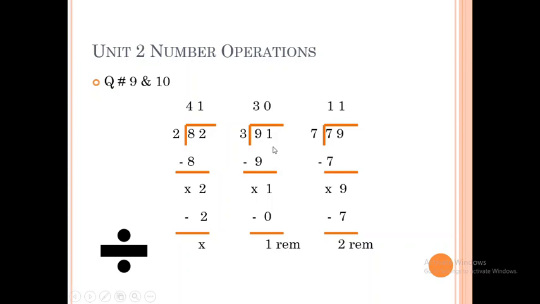You cannot write only this 1 as remainder without division, because if you do not do the division by 0, then your answer will be 3 only, and that is wrong. Every number you have to divide. 3 zeros are 0, then do the subtraction and then you will get the remainder.